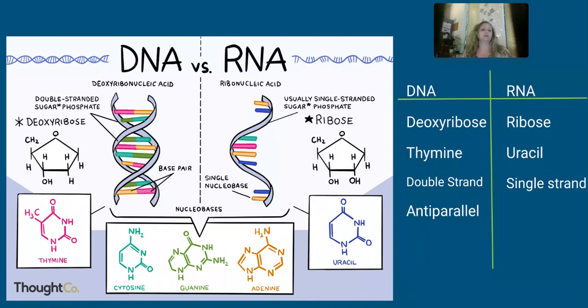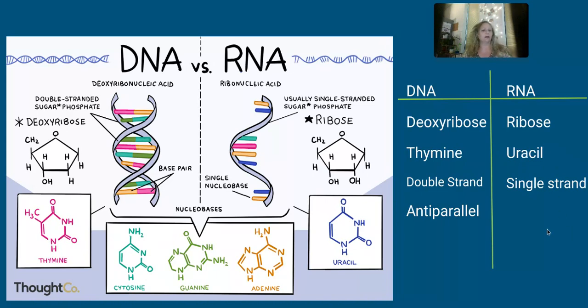DNA is able to utilize the nitrogenous base thymine. Thymine, which we normally represent with a T, usually pairs with adenine. In the RNA molecule, because of this change in structure to this ribose, the change in that formula, thymine can't be used there. So in RNA, we replace thymine with uracil.